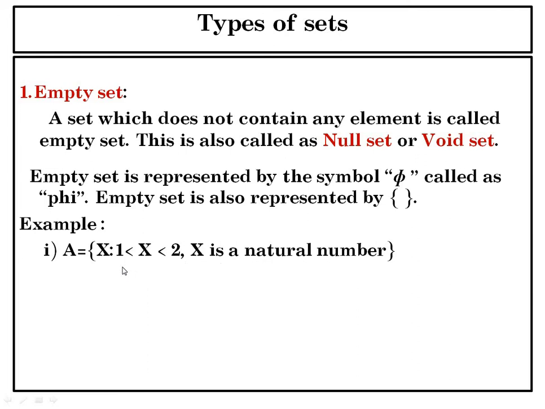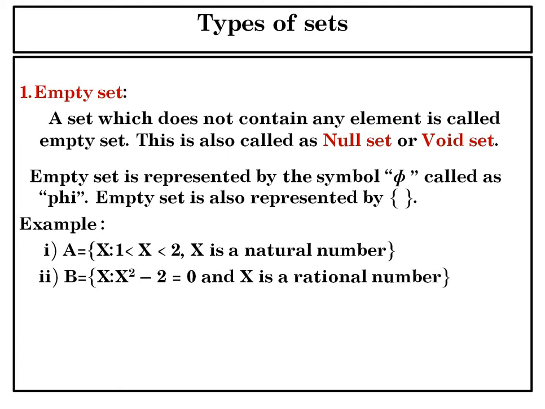So this set is an empty set. If you observe, x is lying between 1 and 2, where this x will be a natural number. So is there any natural number between 1 and 2? No. So that means the set A does not contain any element.